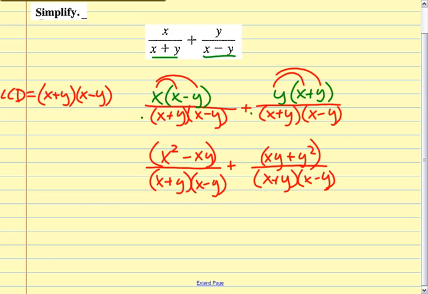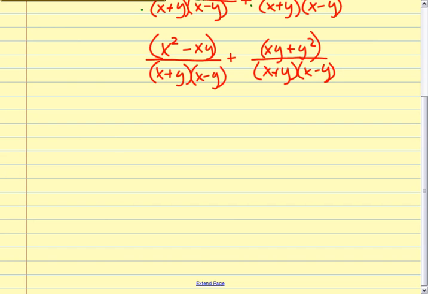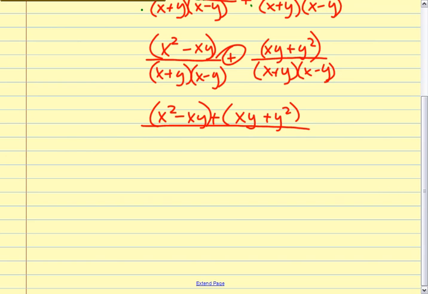Now, I need to remember, these are quantities, so I keep them in their parentheses so that I make sure that I get the signs right. If this thing is minus, that's going to change all the signs in the second one. It's not for this one, but x squared minus xy plus xy plus y squared all over x plus y times x minus y.